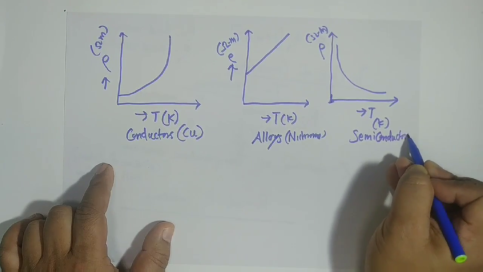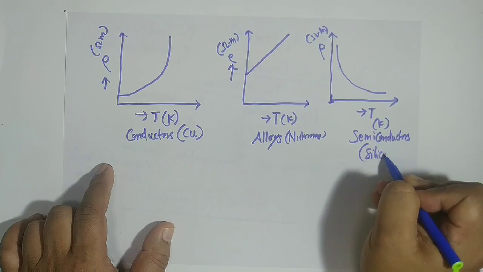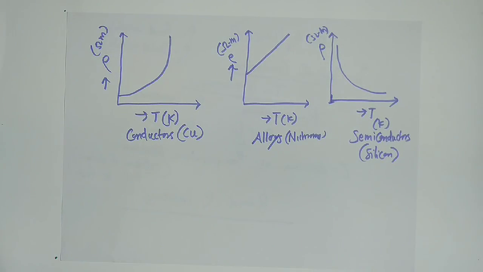Like we say, silicon as a pure semiconductor. So these three graphs of temperature dependence are very important, showing how resistance and resistivity change with the temperature.